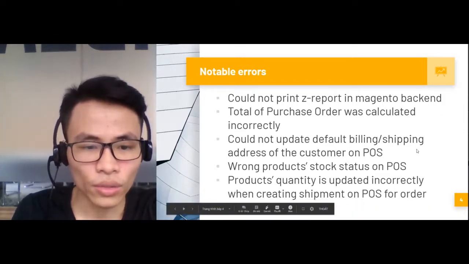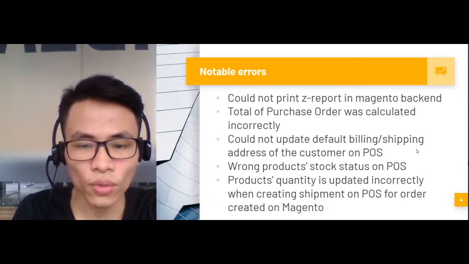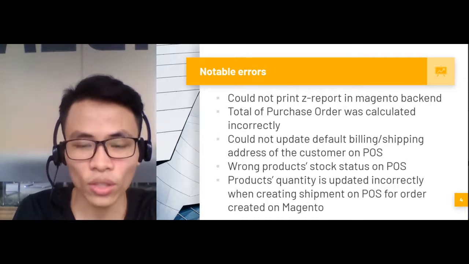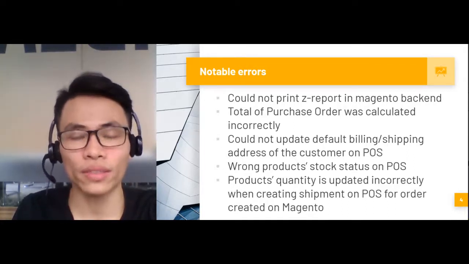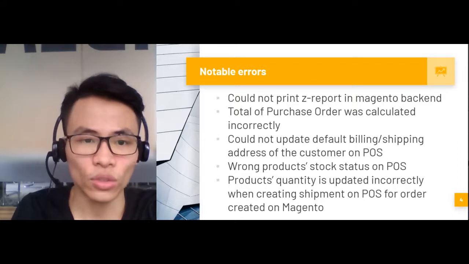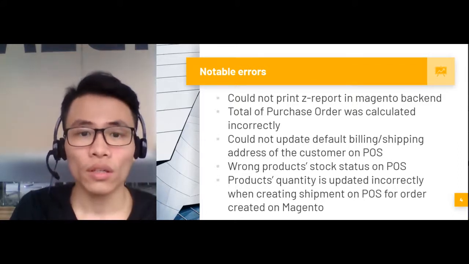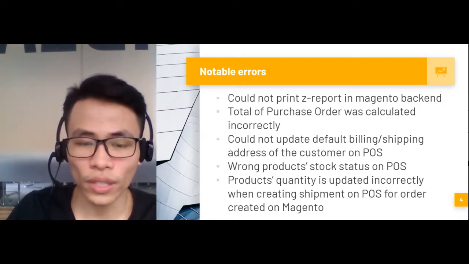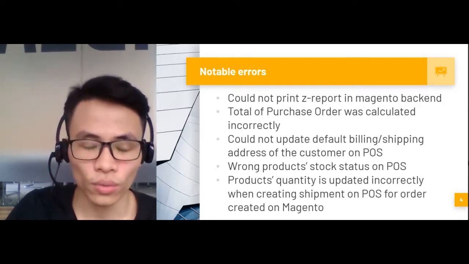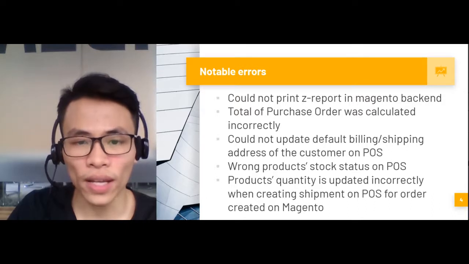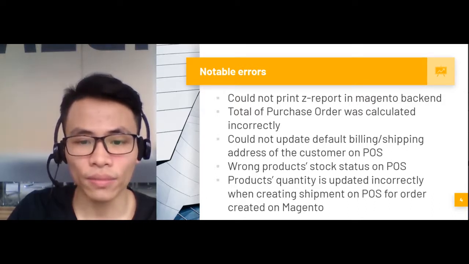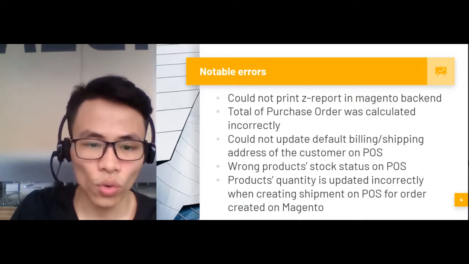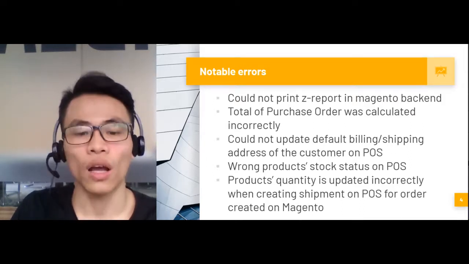The last issue I want to mention here is that product quantity is updated incorrectly when creating a shipment on POS for an order that the customer created on the Magento frontend. With our solution, you can use a function called buy online and fulfill offline. That means the customer can create an order on the front end, and they can go to your store and pick up the items.